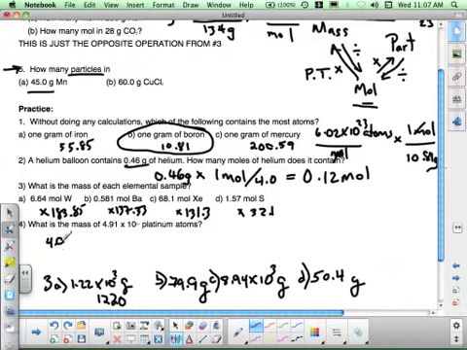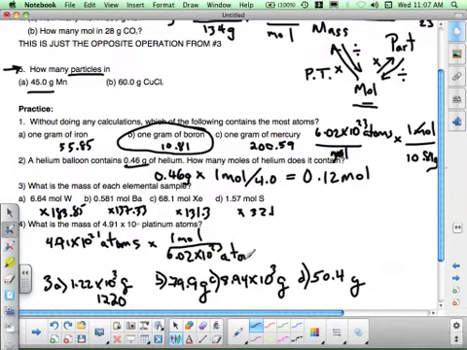All right, so I'm going to go ahead and set it up for you. I've got to get out of atoms and get to my central unit, which means it's the mole on top, Avogadro on the bottom. And then I want grams on top, so it's going to be what's on the periodic table, and that's per mole, so that's why those cancel.